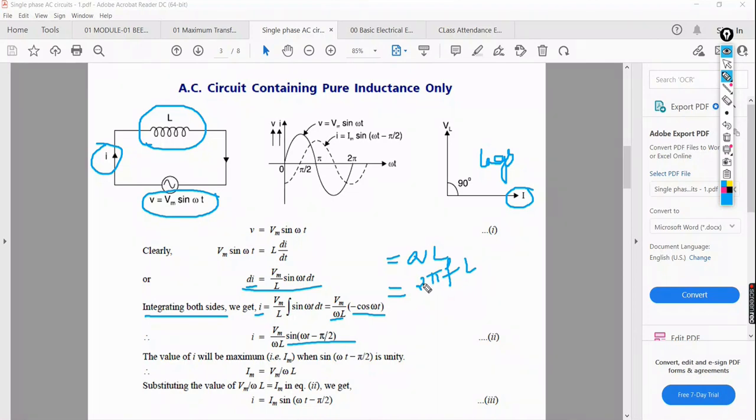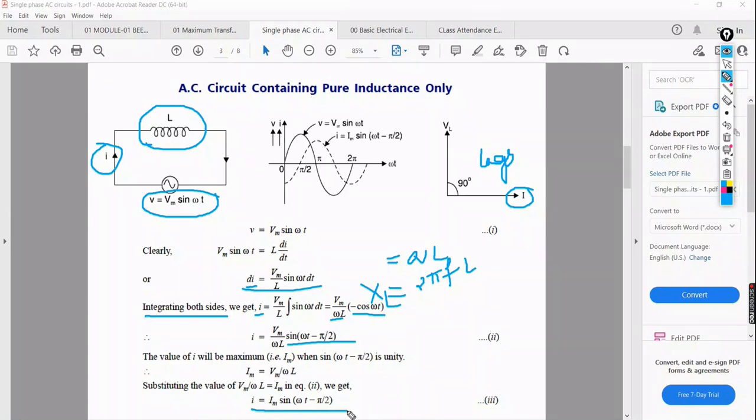Inductance. 2 pi f L is what? Inductive reactance, XL. So the current Im is equal to Vm divided by XL also. So we get I equal to Im into sine of omega t minus pi by 2.